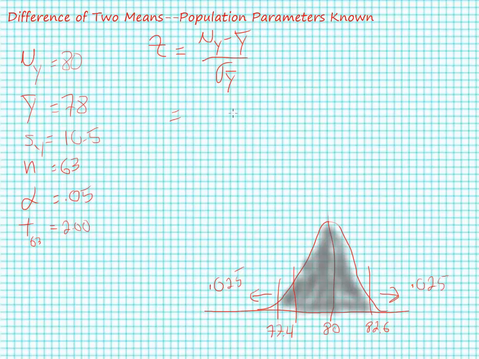So going ahead and solving this problem, my numerator is 78 minus 80 over my standard error, which is 10.5 divided by the square root of 63, which is equal to minus 2 divided by 1.32, which is approximately equal to minus 1.51.